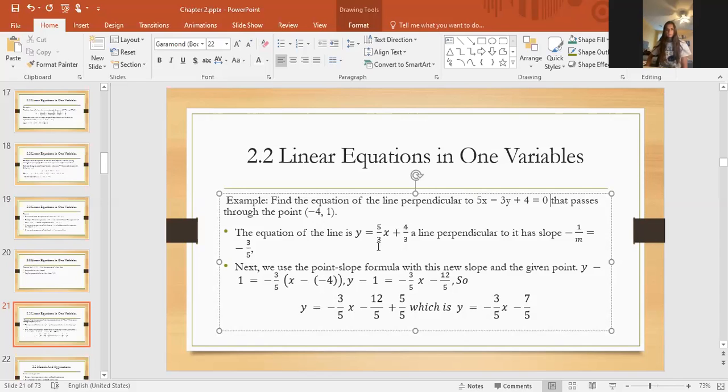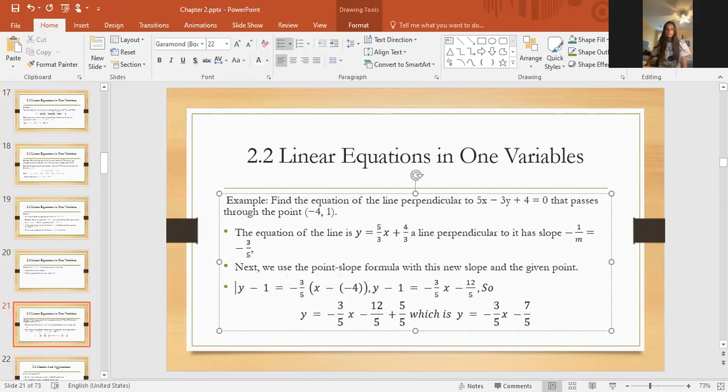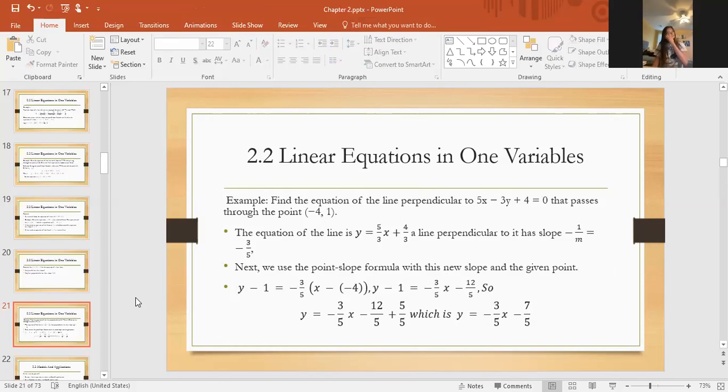So y minus 1 is not clearly written here, I will change it. I told you about the equation of a line when you have the slope. It was y minus y1 equals slope times x minus x1. So our x1 here is minus 4, that is what we have here.